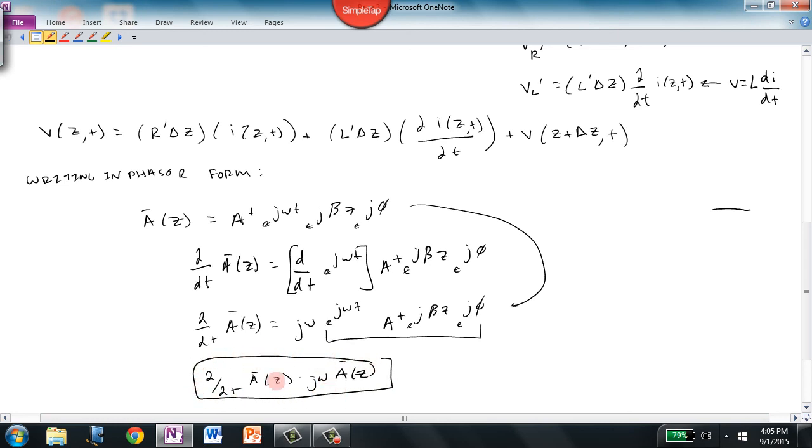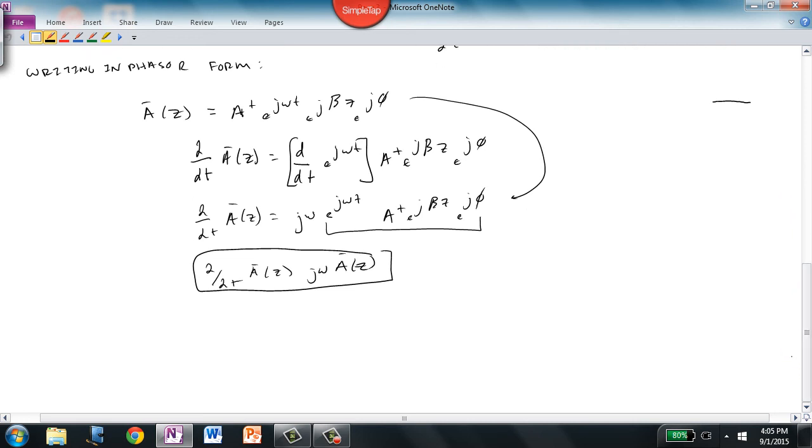And we can use this result to simplify this equation in phasor form, because we have this partial derivative that we need to take here. So if we were to write that in phasor form, we would get V of Z, the phasor voltage, is equal to R prime delta Z, the total resistance, times the phasor current flowing through the resistance, I of Z, plus L prime delta Z, the total inductance.